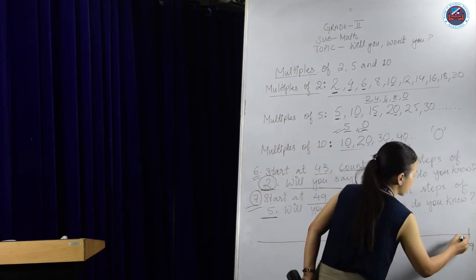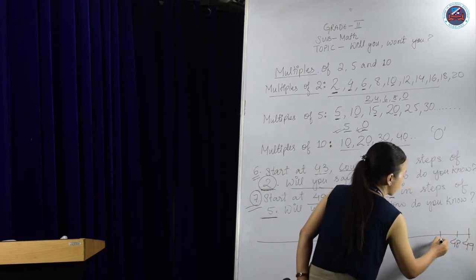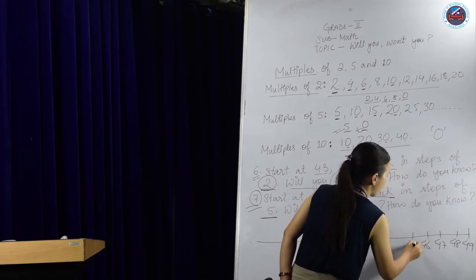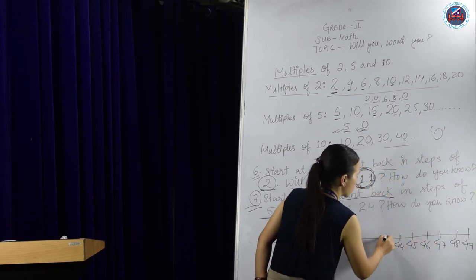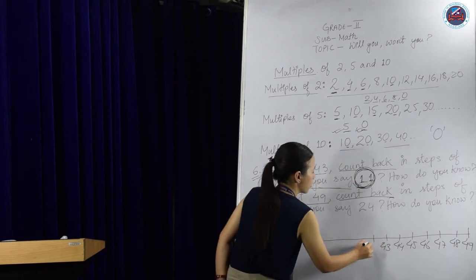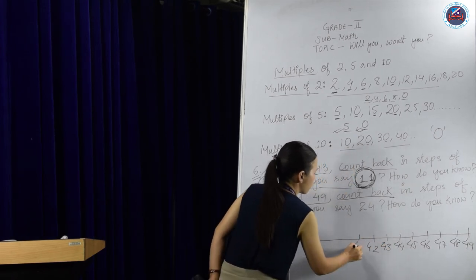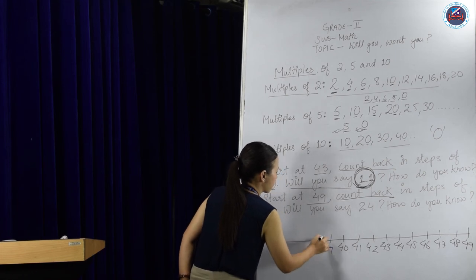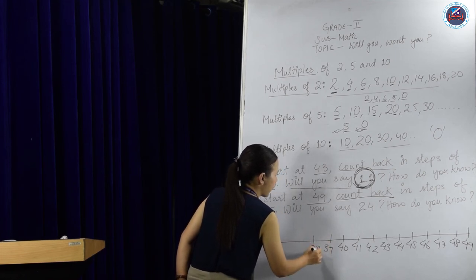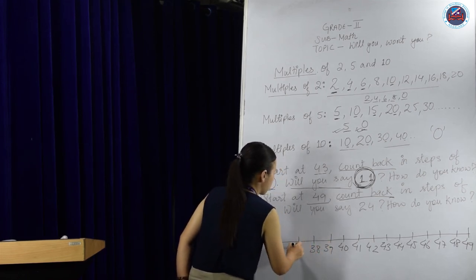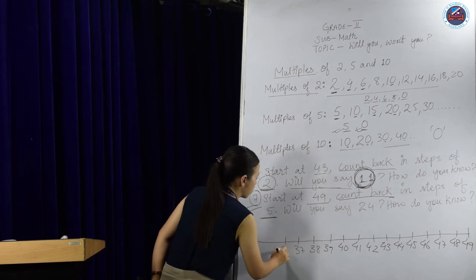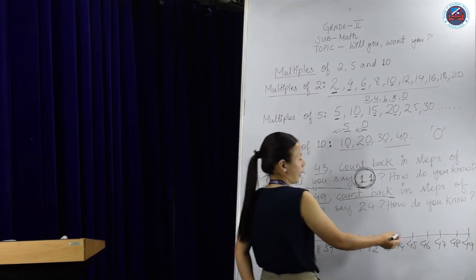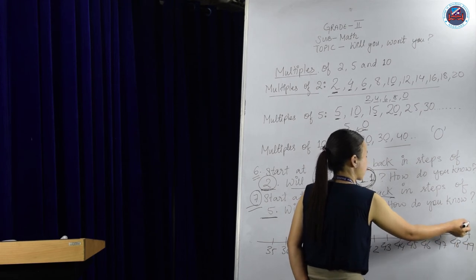From 49. That is 48, 47, 46, 45, 44, 43, 42, 41, 40, 39, and 38, 37, 36, and 35. Now let's count back in steps of 5. So I'm going to take 5 steps back.